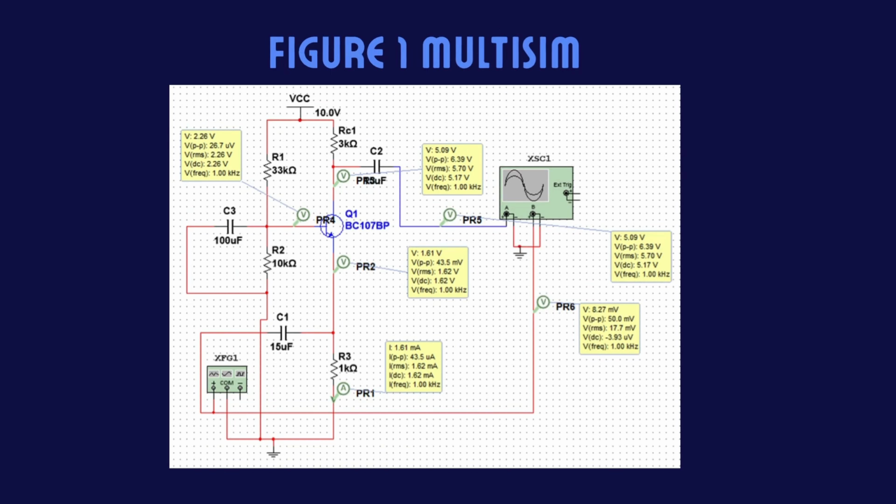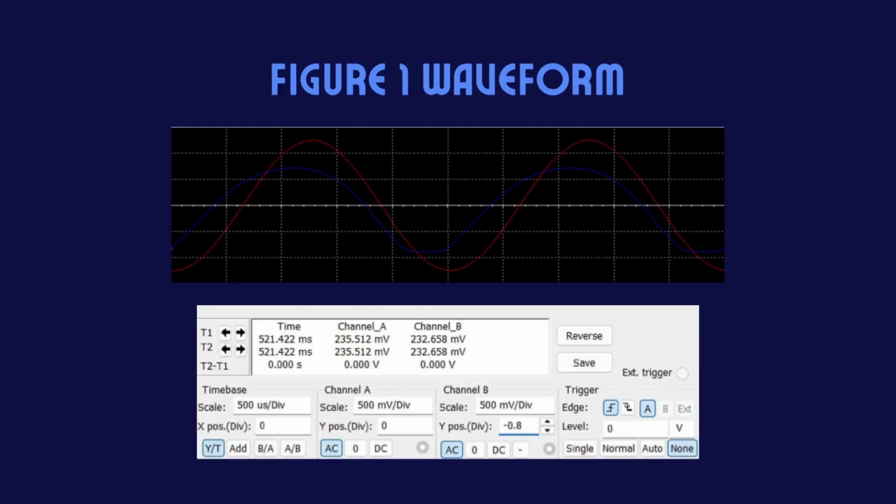The red waveform represents the input voltage V in connected to channel A, while the blue waveform represents the output voltage V out connected to channel B. Both channels use the same time scale of 500 microseconds per division, which shows that the input and output signals have the same frequency.